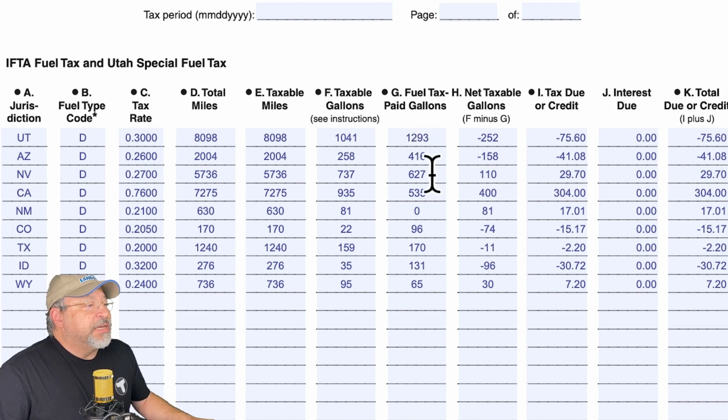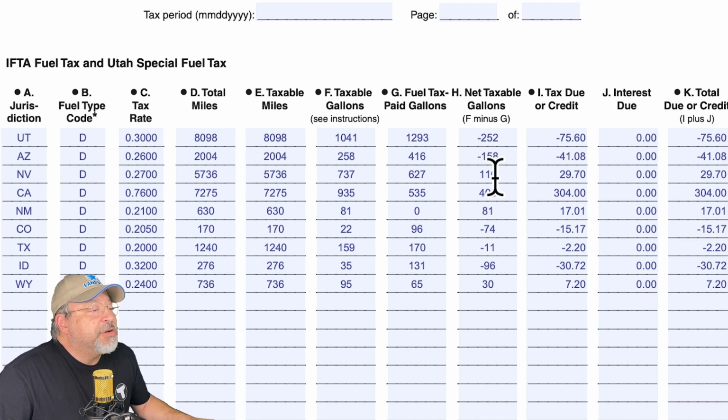As you can see, if you take 1,293 and you take away 1,041, I get 252 gallons. Negative 252. And this is telling me that I bought 252 gallons more in Utah than maybe I should have, if I wanted to break even, right?